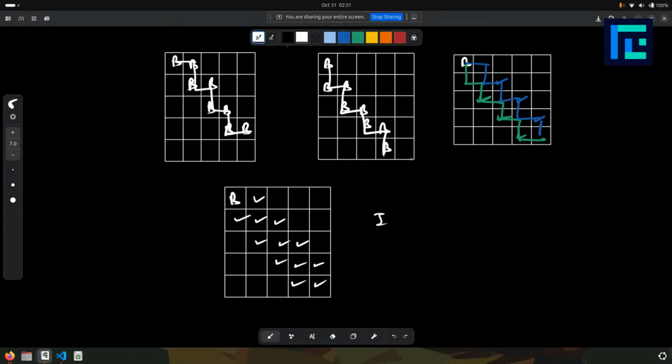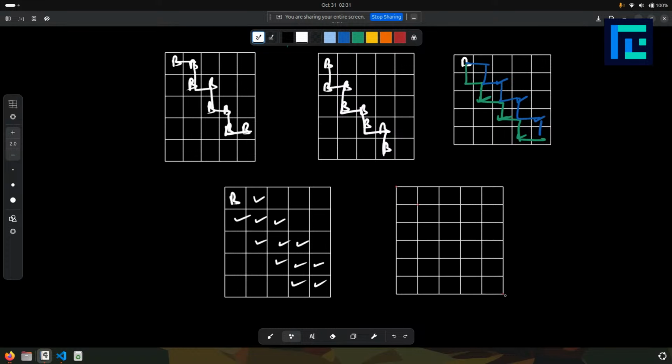So, this is our observation. Let's try to take some general point B rather than this corner point and see what happens from there. If we had the point here, where could we have gotten? We could have gotten here. We could have gone there.